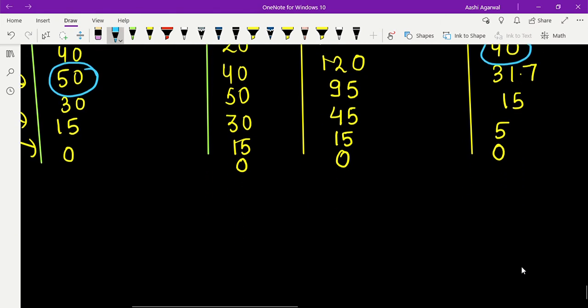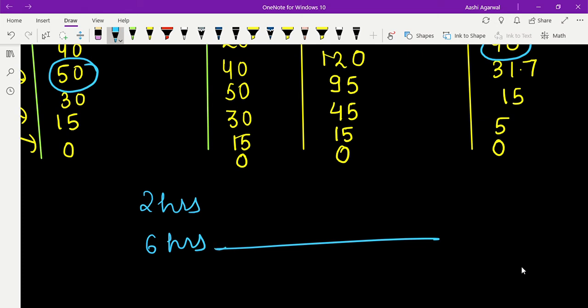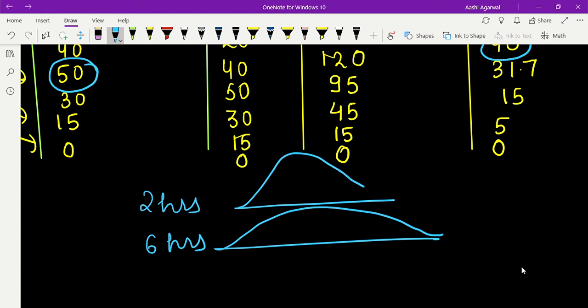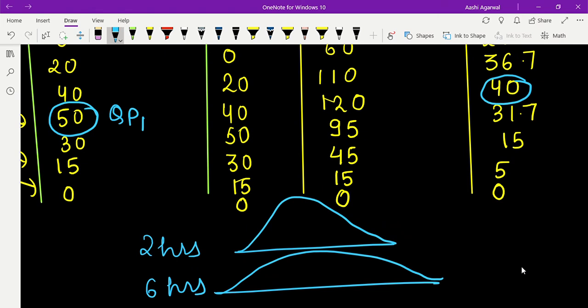Try to understand, the volume remains the same. But if something is happening in 2 hours and something in 6 hours, in this case you will have a broader base, whereas in this case you will have a greater height. That is why this Q peak is greater than this Q peak. Here it is 40.